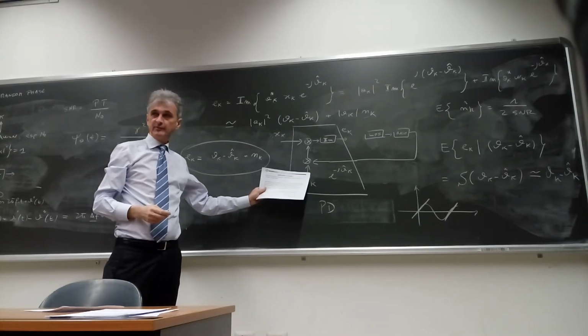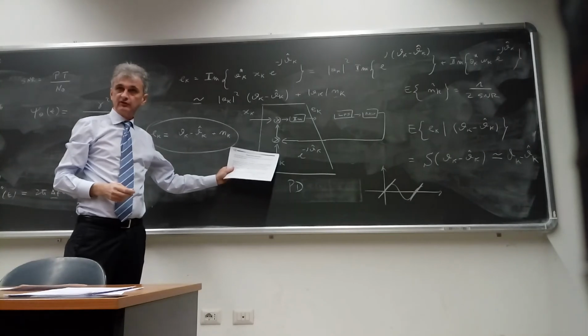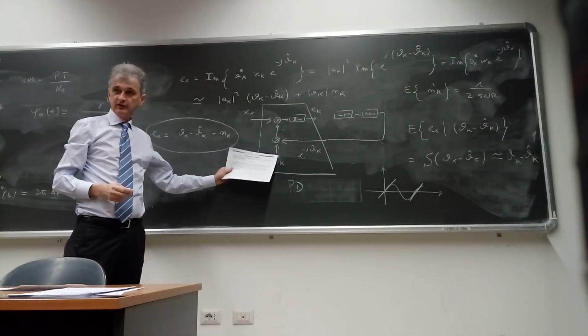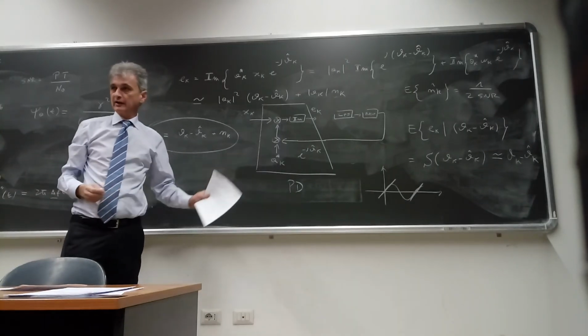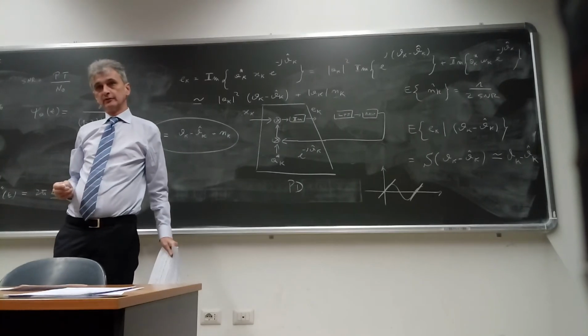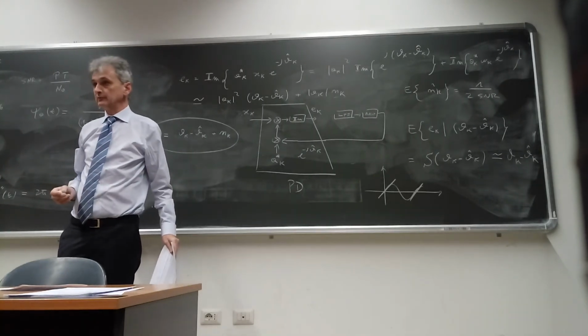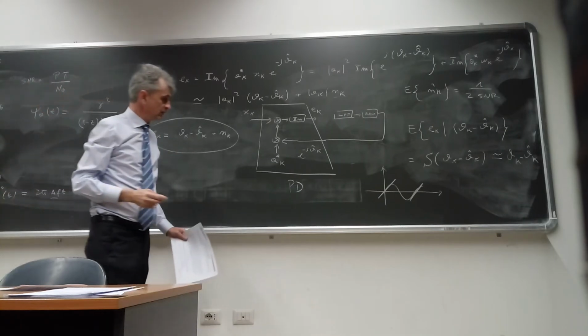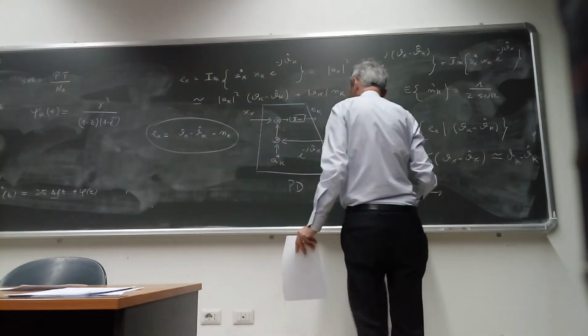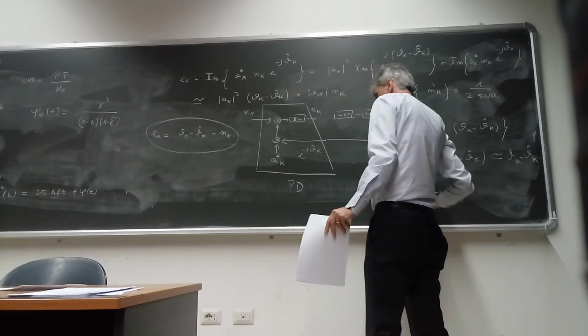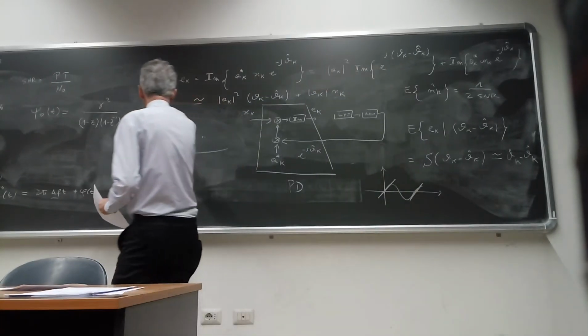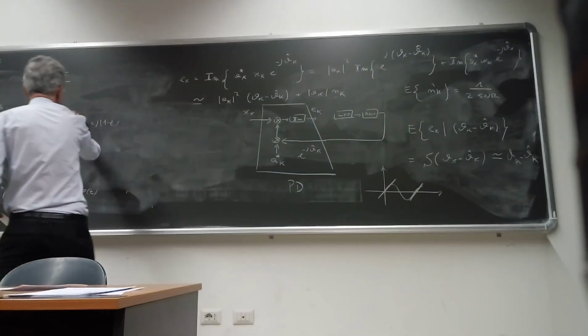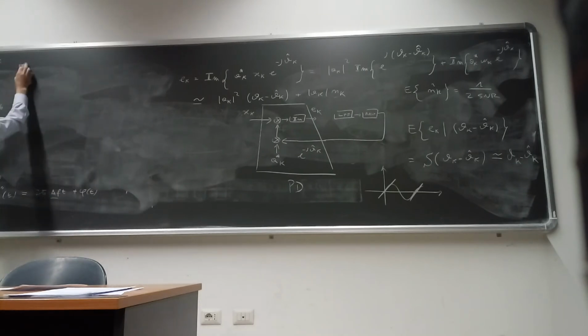Then at a given time, the training sequence disappears, and I must continue tracking the input phase without the help of the training. How can I do this? Using decisions in place of the known symbols.